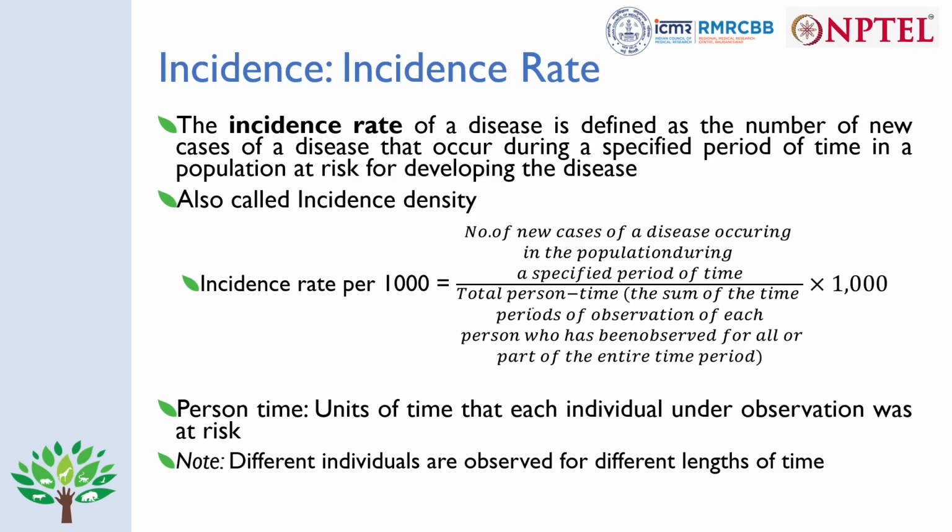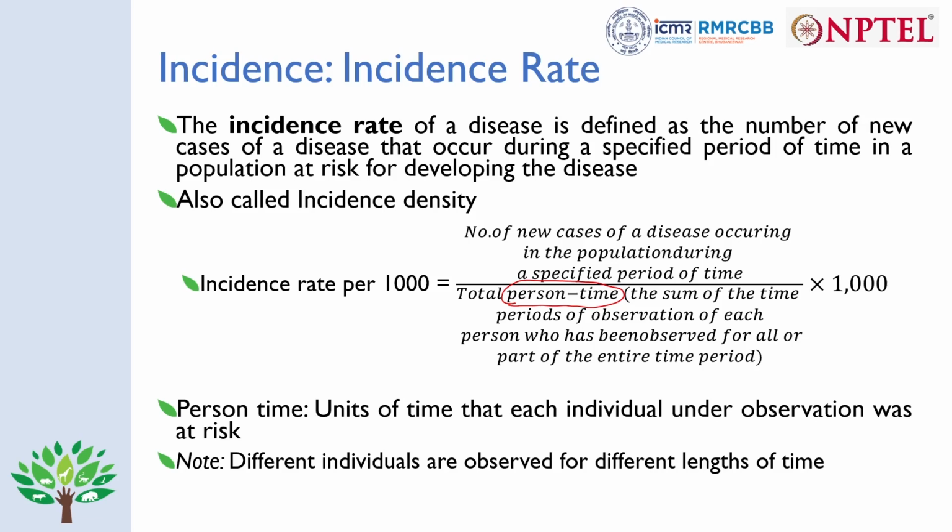This is very important to know. The denominator here is person time instead of the number of persons. The denominator will be the total person time, that is, the sum of the time period of observation of each person who has been observed for all or part of the entire time period, into 1000.